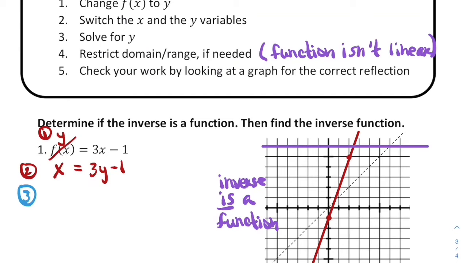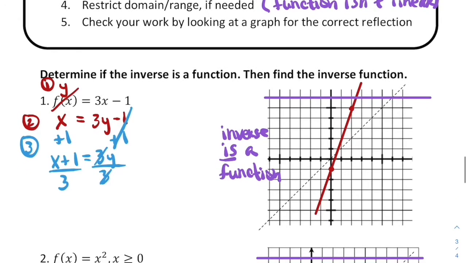So if I solve for y, I'm going to have plus 1 on both sides, and these cancel, and I have x plus 1 is equal to 3y, and then divide by 3 to end up with x plus 1 over 3 is equal to y. All right, so we have solved.